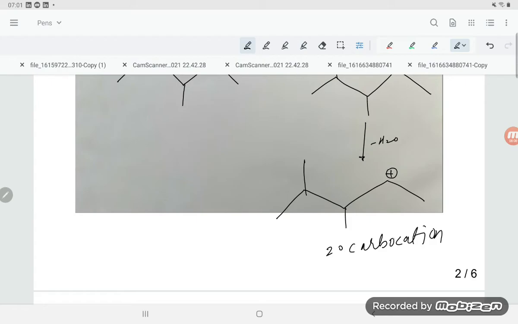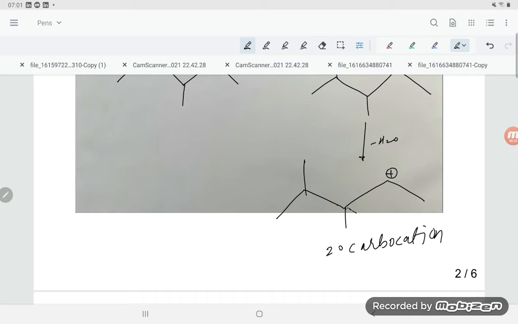What are the possibilities, student? Here there can be a hydride shift, because here there are 1, 2, 3 bonds, and a hydrogen is there in this position.